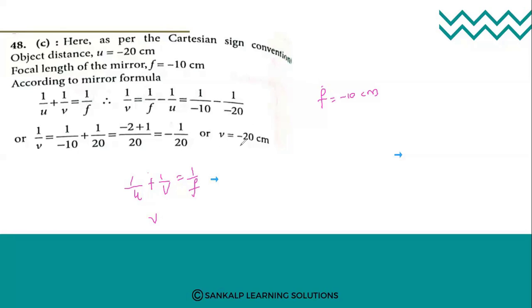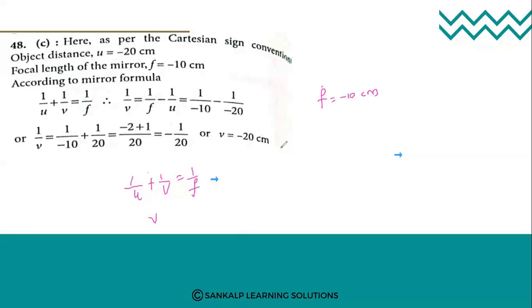The image distance V is equal to minus 20 centimeters. Yes, so now the image distance will be minus 20 centimeters.